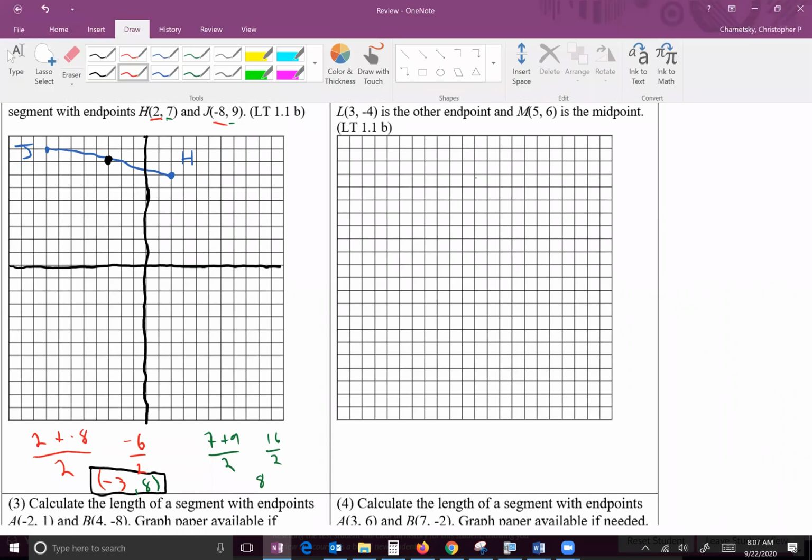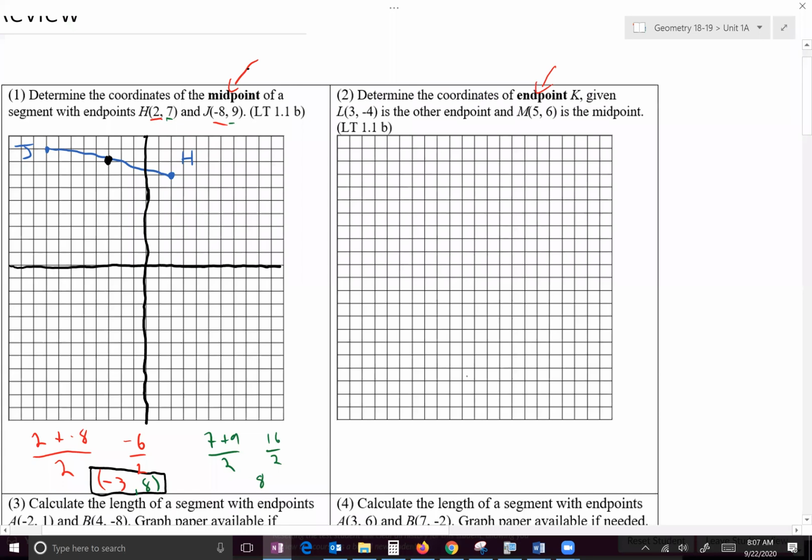Let's draw out our axes. Okay. We need to place our points.